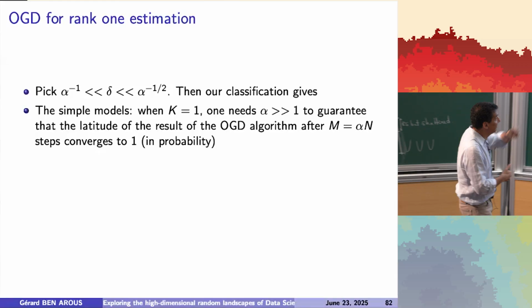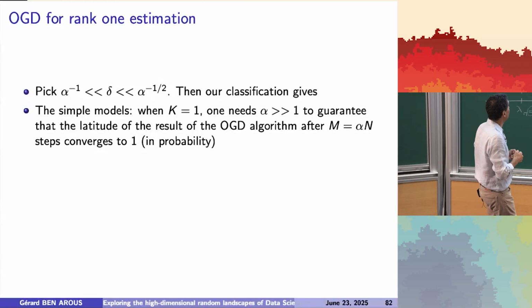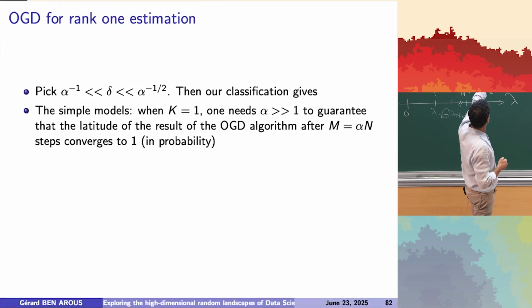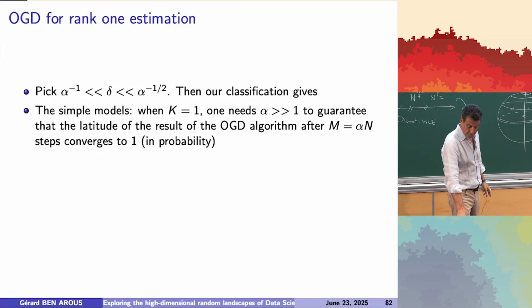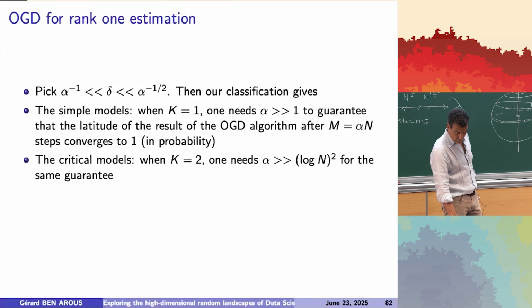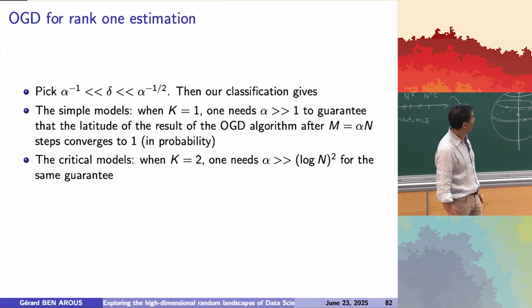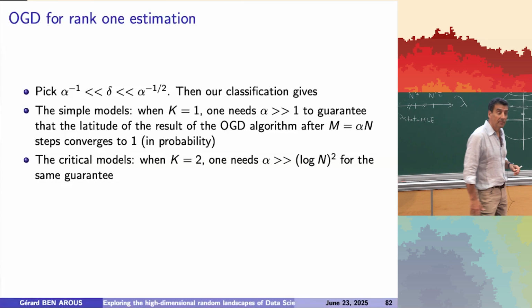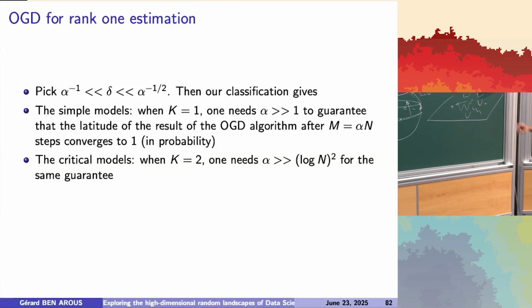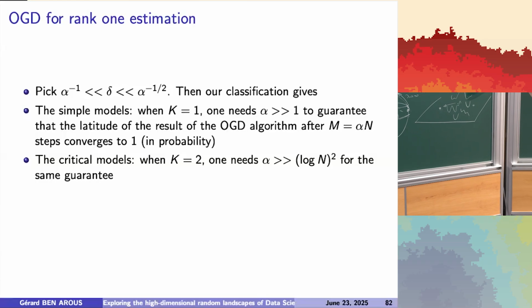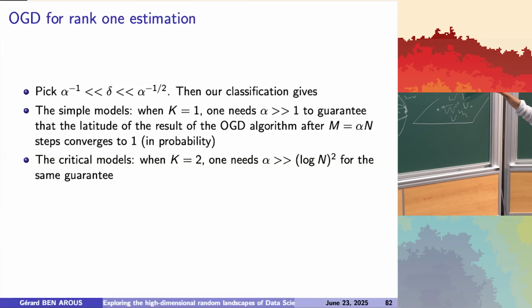So that's this m, the time parameter. Then the latitude converges to 1, so things become very good. Now, when k is 2, the size of the sample divided by the dimension should diverge like log n squared, and you have the same guarantee.